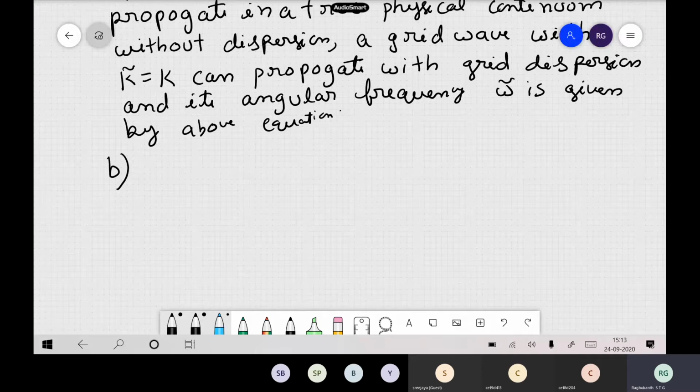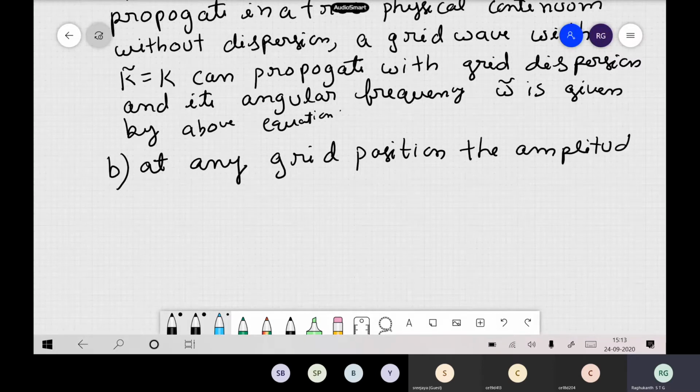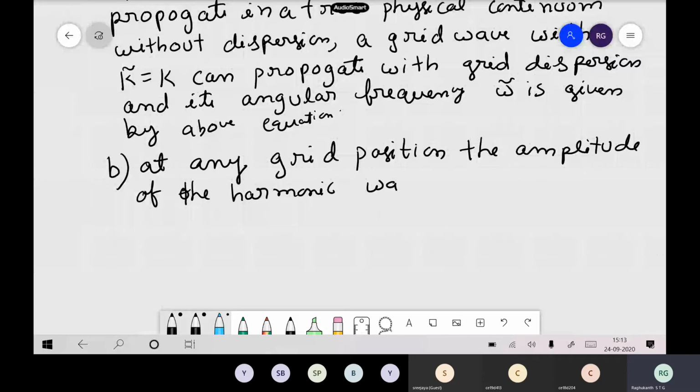There is no damping. So at any grid position in our finite difference scheme, the amplitude of our harmonic wave remains constant. The harmonic wave does not change with time.